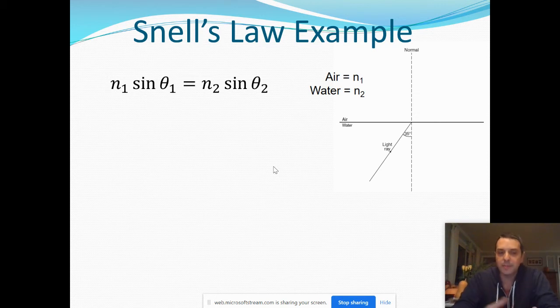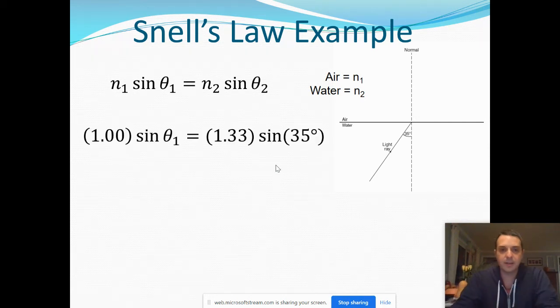So n1 is going to be the index of refraction for air, n2 is going to be the index of refraction for water. Theta 1 is going to be the angle measured from the normal in air, and theta 2 is going to be the angle measured from the normal in water. So we have to first always make sure that we identify which of the two mediums is going to be the one, which of the two is going to be the two. And we've done that here.